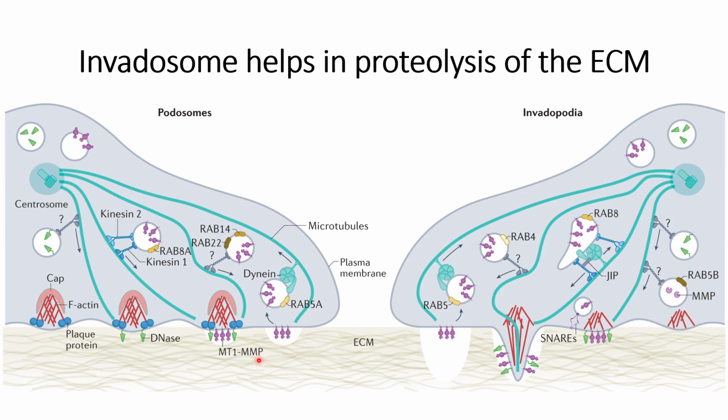I want to correct what I said previously. Similarly, in this case, when there are only F-actins, not much degradation has been observed. However, when there is this complex formation or the matrix metalloprotease alone, then degradation of the ECM has been observed.